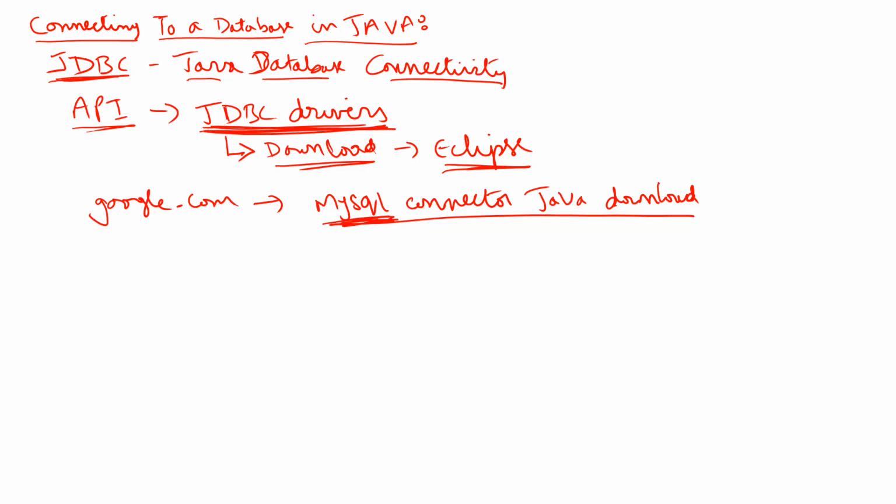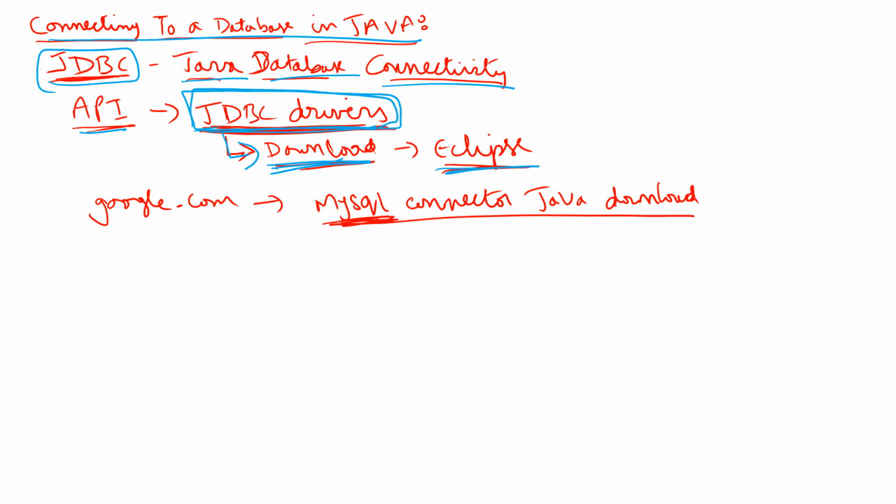Okay, let's see this one more time. For connecting to a database in Java, we use JDBC. JDBC is Java Database Connectivity, and this is an API that uses JDBC drivers. So before writing a program in Java, we need to download these JDBC drivers and configure them in Eclipse.